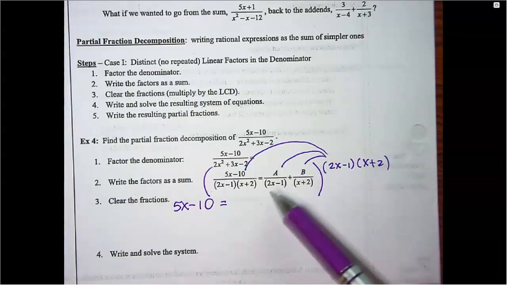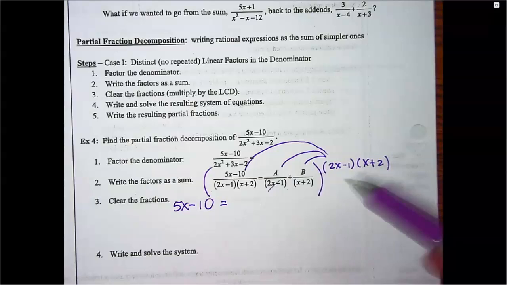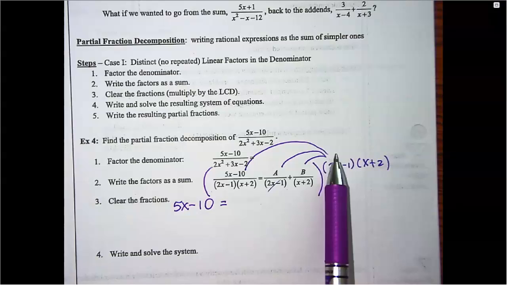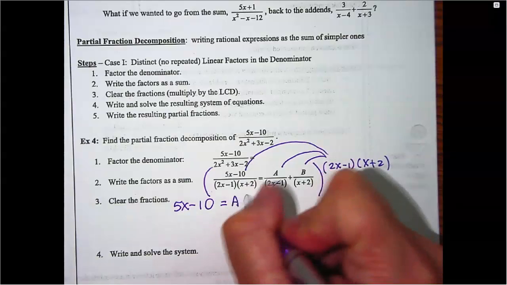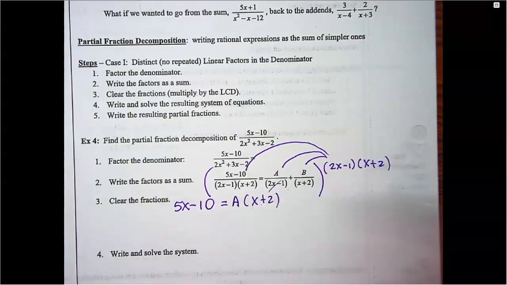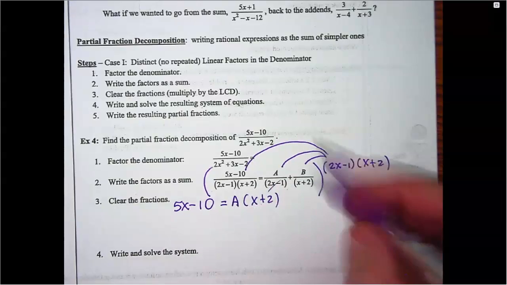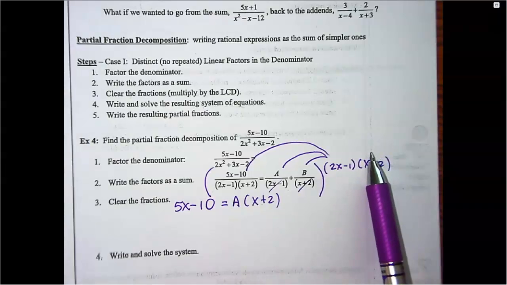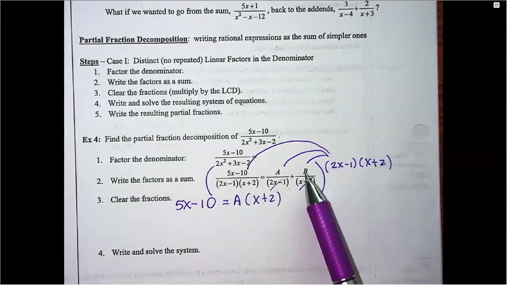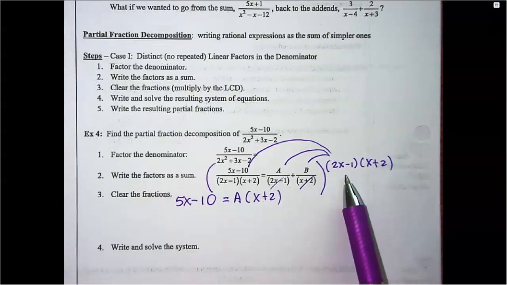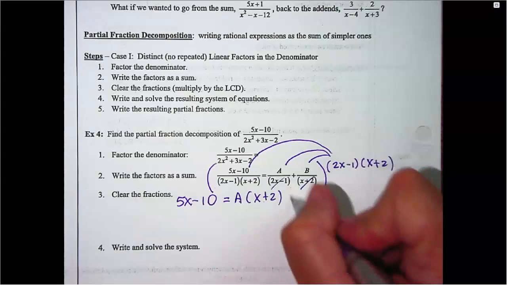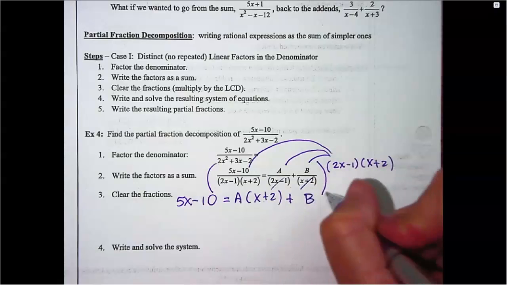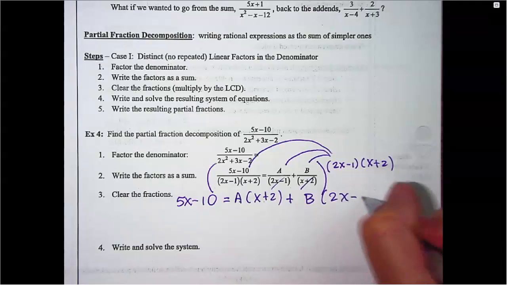The 2x minus 1 is going to cancel with the 2x minus 1, but then you're left with a times x plus 2. And then x plus 2 is going to cancel with x plus 2, and that's going to leave us with plus b times 2x subtract 1.